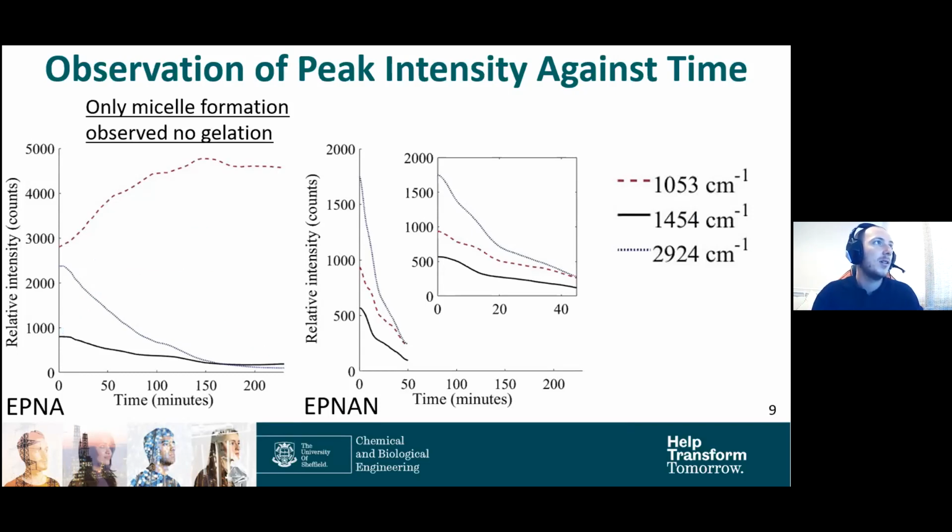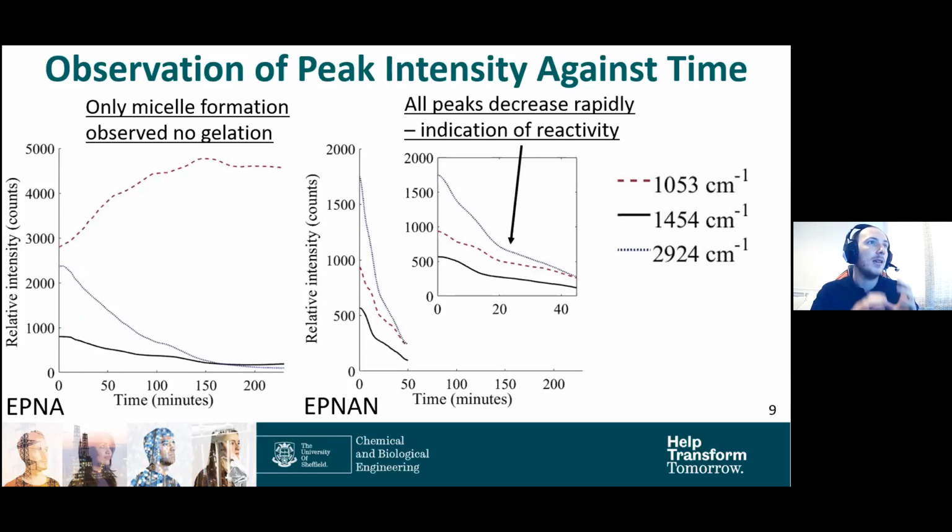But it's really significant that we are seeing micelle formation, but no evidence of the true gelation, because there's still lots of aluminium nitrate peaks. Aluminium isn't bonding with itself in a true way. For the full precursor solution, we just see all peaks that are decreasing rapidly.